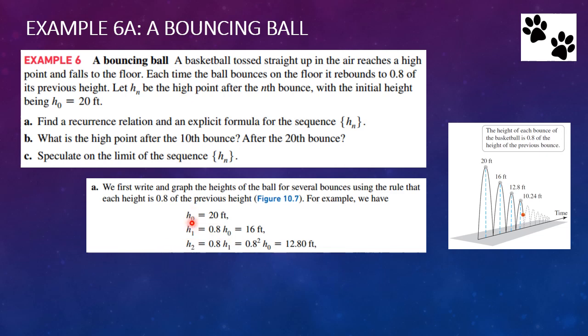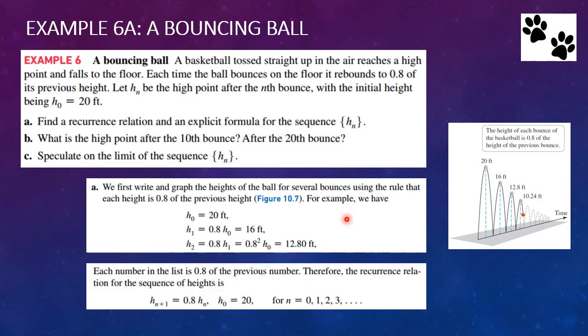We can identify now what's happening here, what's changing as we change the value of n, which is what's really important in the recurrence relation. And so we can see here that h sub n plus 1, the next one, equals 0.8 times h sub n, with the initial member being 20 feet.